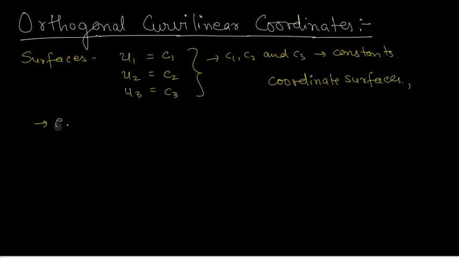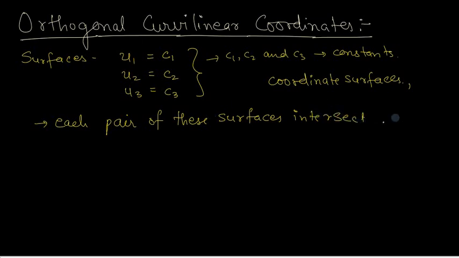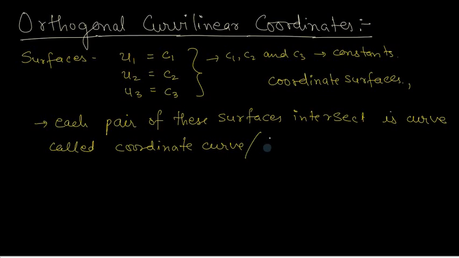And the second thing is, each pair of these surfaces intersect in a curve, that is a curve called the coordinate curve, or you know a better name, that is lines. So let me define these two things, this first and second thing, in Cartesian coordinate system.